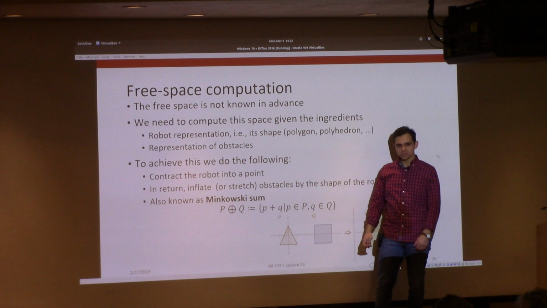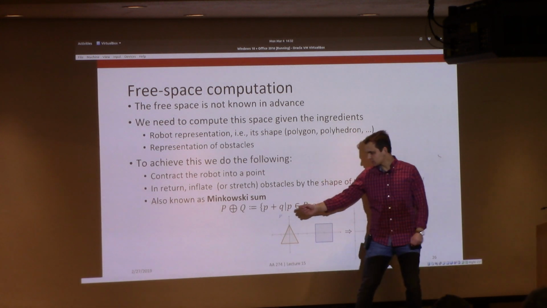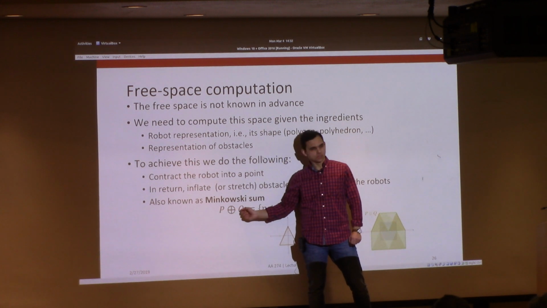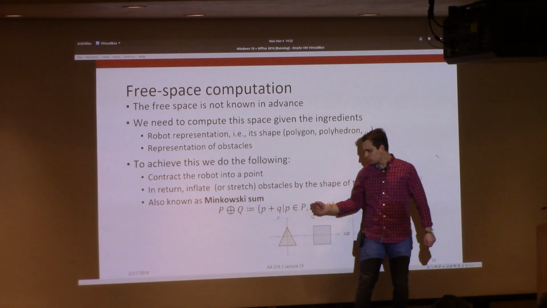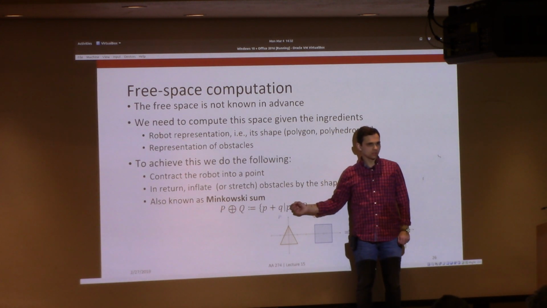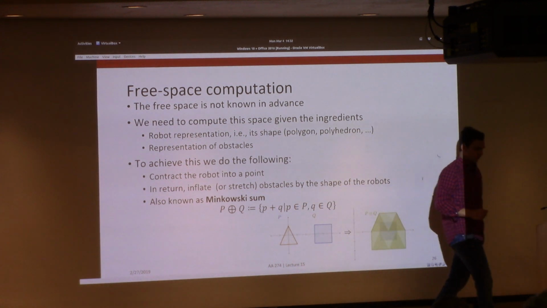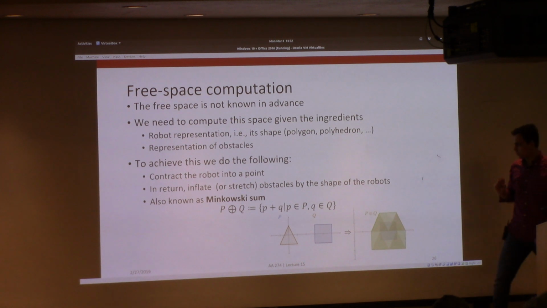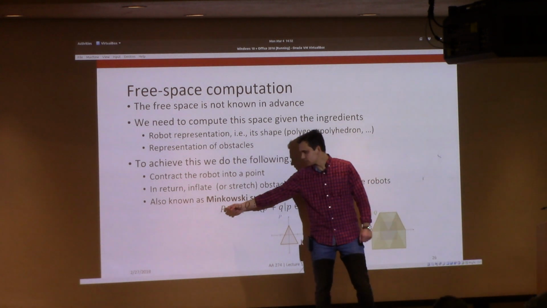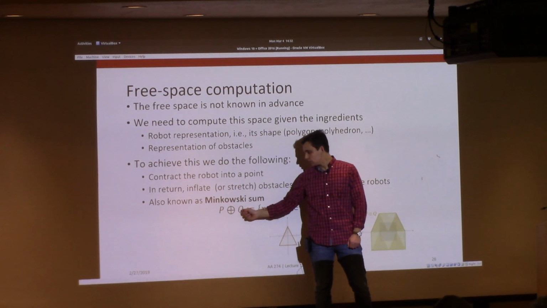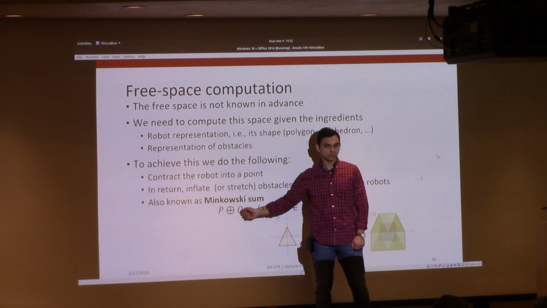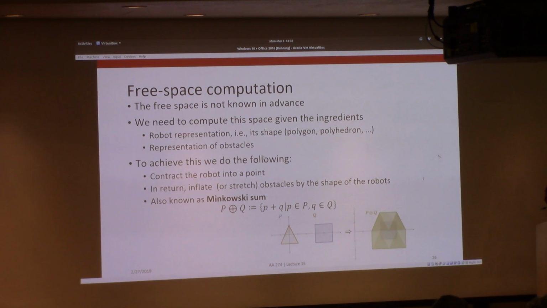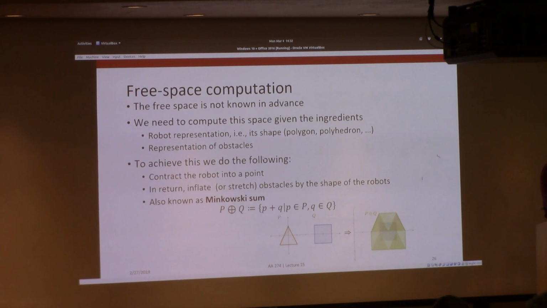A Minkowski sum is basically taking the sum of all the points from the original set and the second set. All the points that lie in this area are in the Minkowski sum. So how would we use the Minkowski sum in our case? Here we will have a representation of the robot, the polygon of the robot, and the polygon of the obstacle of the environment. Okay? And I won't go into the details about how to compute all those regions.